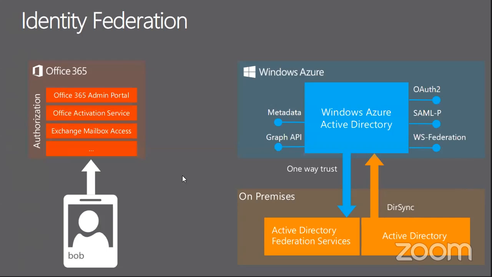Once this one-way trust is established, next time around when your user tries to sign on to his Office 365 service, his authentication request will get redirected to the ADFS server, meaning he does not even need to re-enter his user credentials. In very simple terms, let's say I come to my organization every morning and log onto my domain network using my Windows Server AD credentials. Now, when I type in mail.office365.com or portal.office365.com on the address bar of my web browser, usually I'd have to enter my credentials, including my username and password.